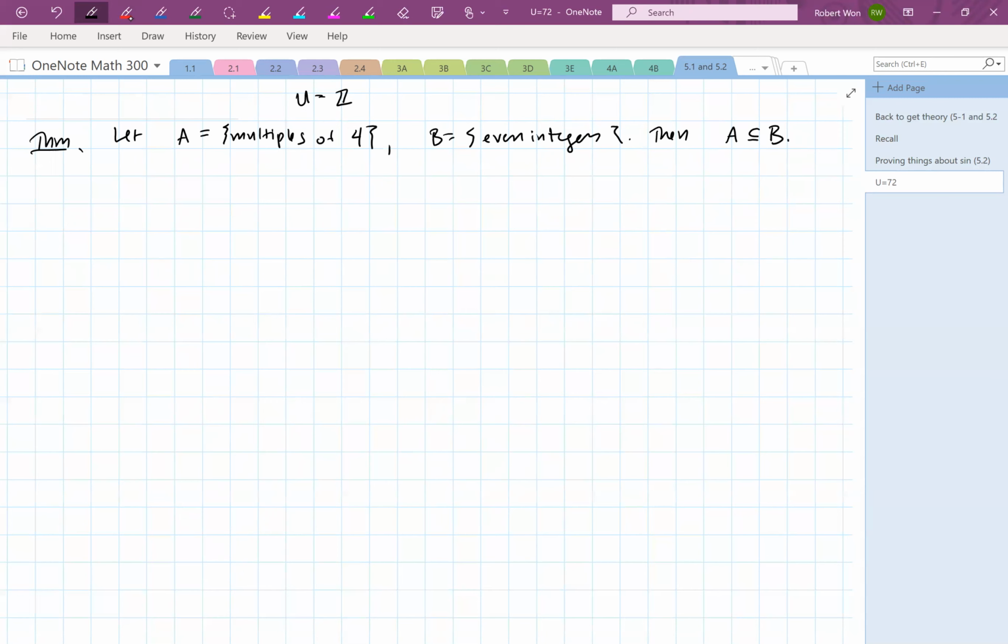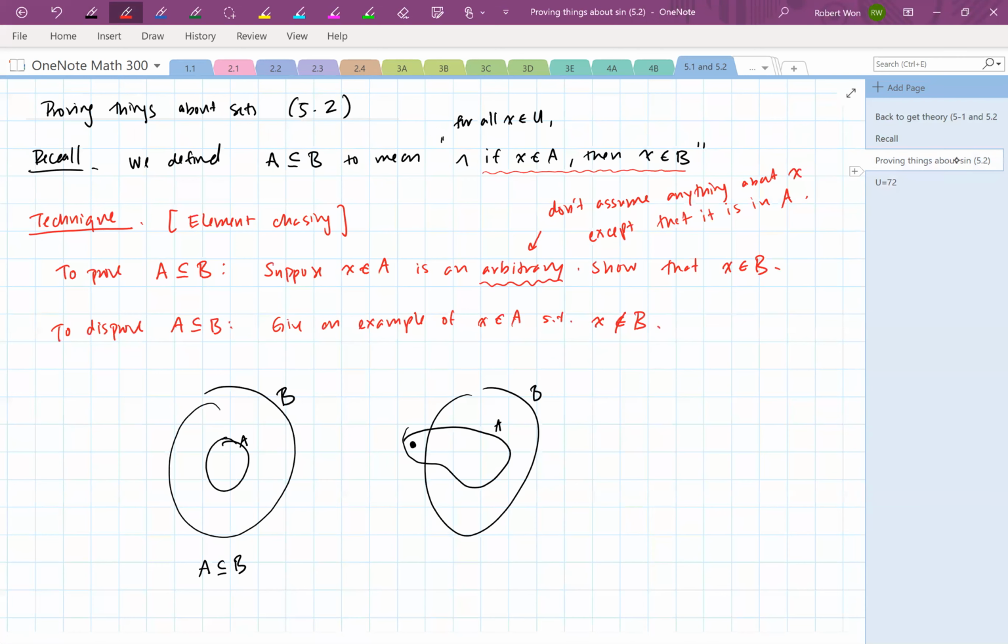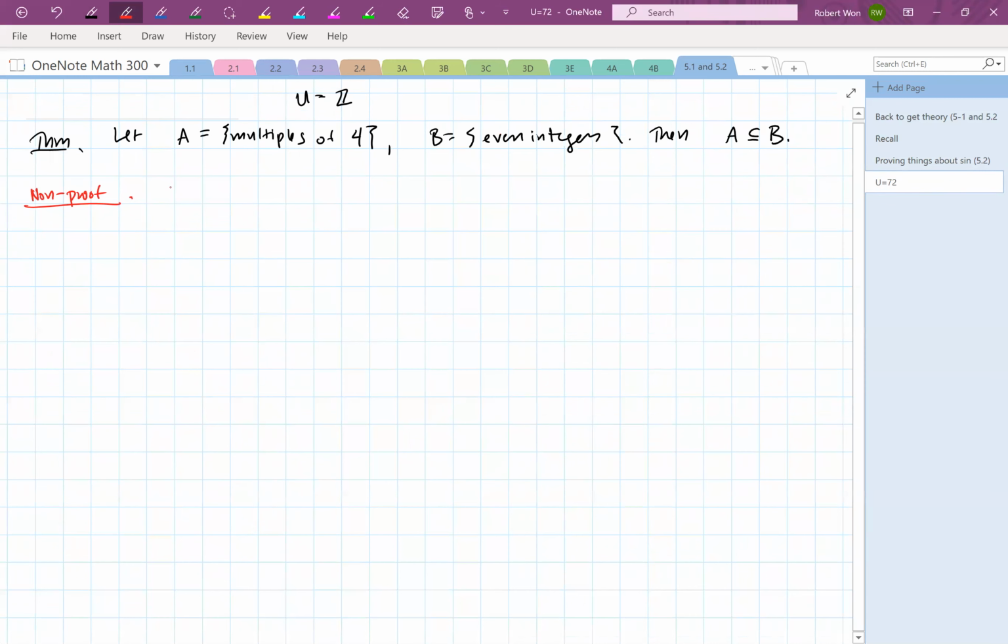Okay, so let me first give you a non-proof of this fact. Remember, the way to prove this is to suppose x is in A and show that x is in B. So here's my non-proof. Since 4 is equal to 4 times 1, therefore 4 is in A. Right?